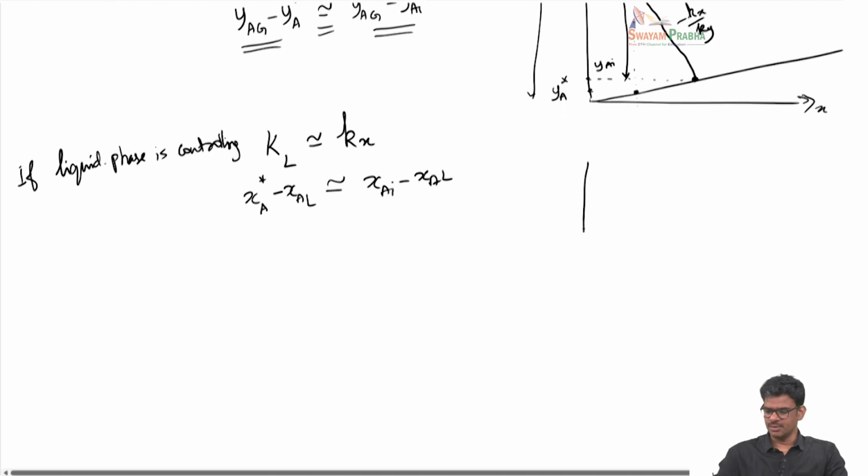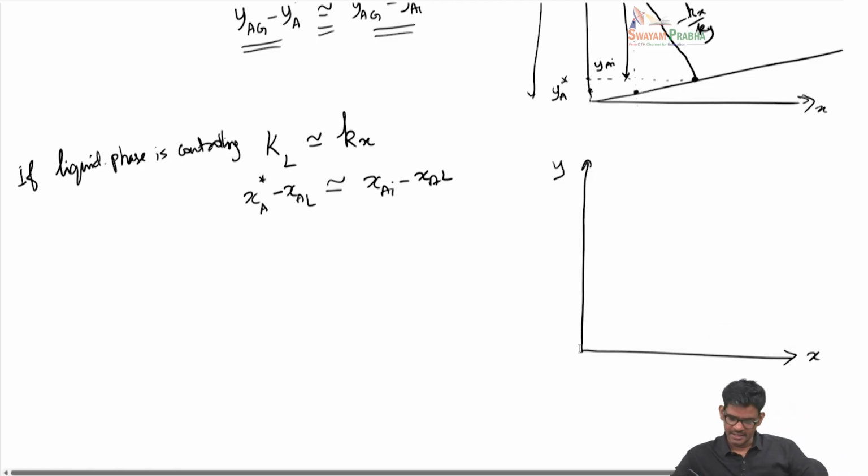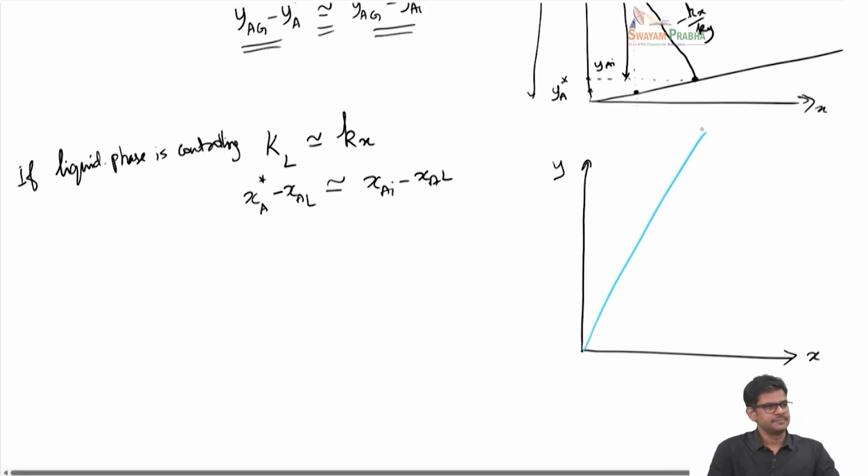So graphically it can be shown like this. I am going to draw a line that has a very high slope, something like this.